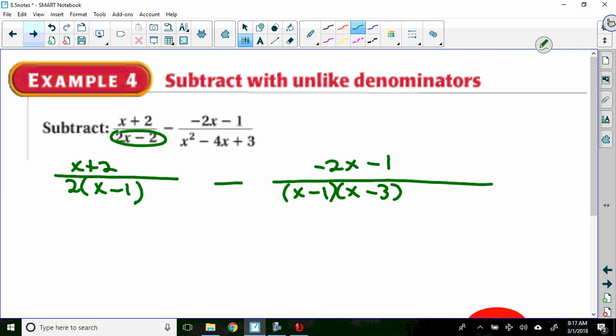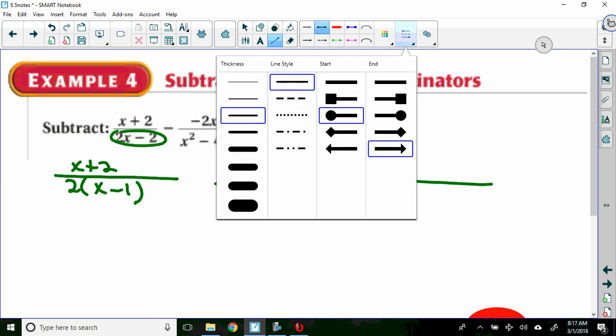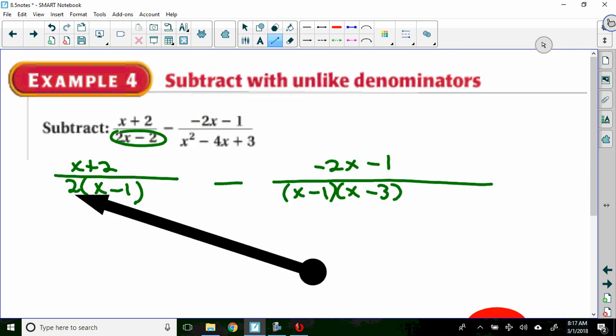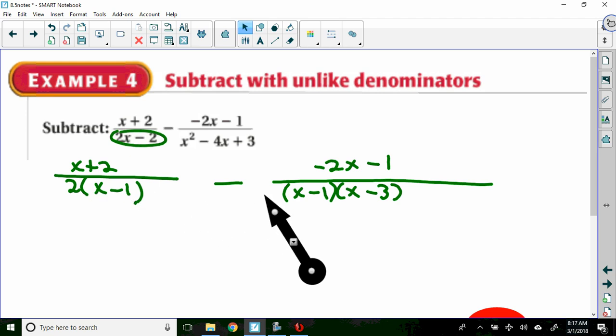So I want my denominators to look identical. And if I look right here, there's a 2 there, right? But this other denominator, does it have a 2 in it? No. So I need to multiply at least by 2 over 2, right?